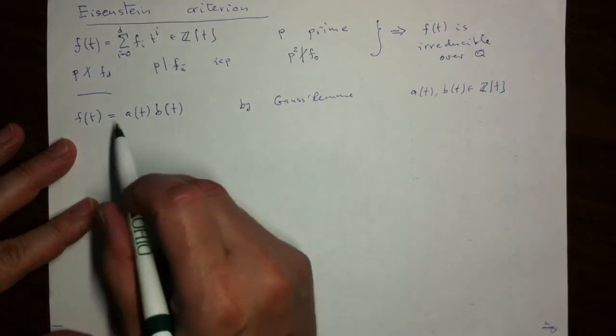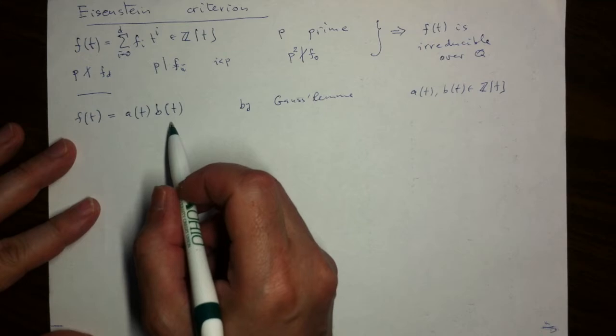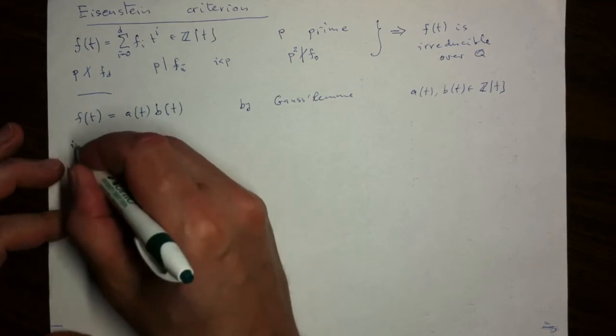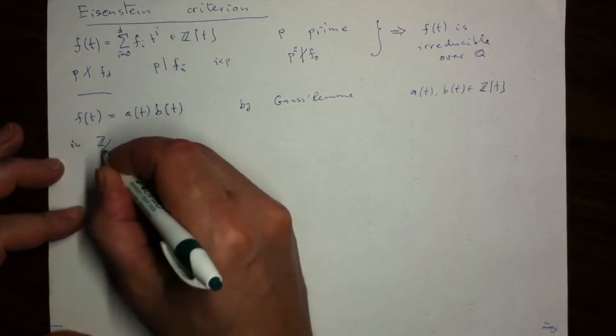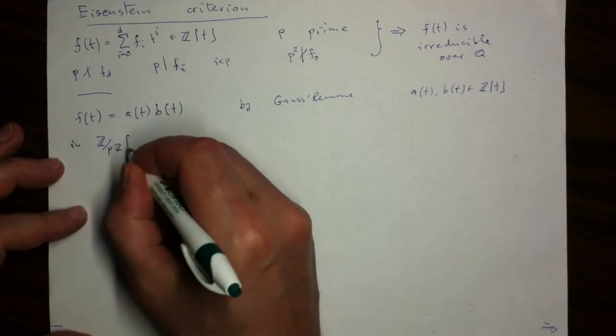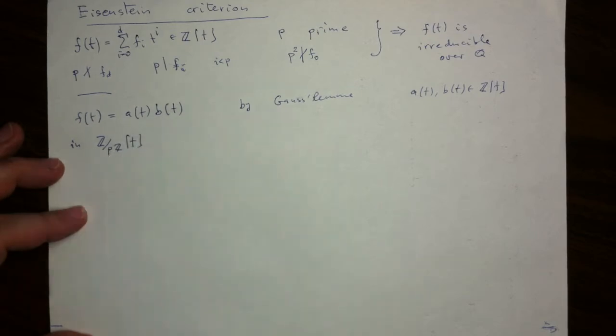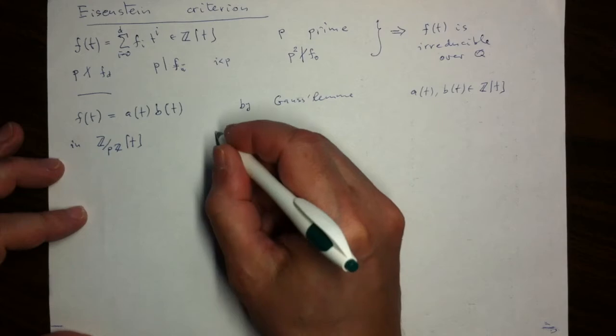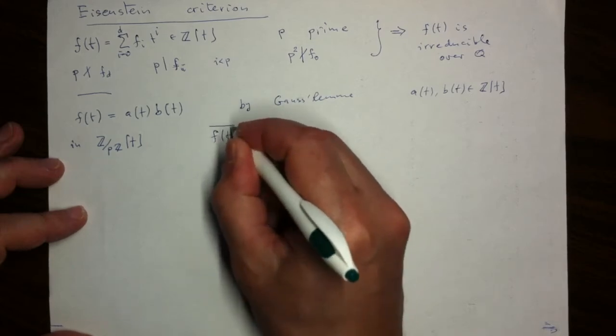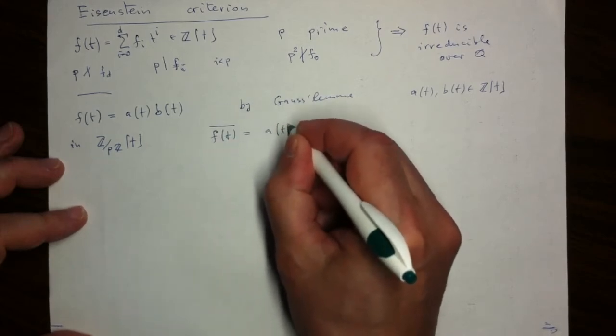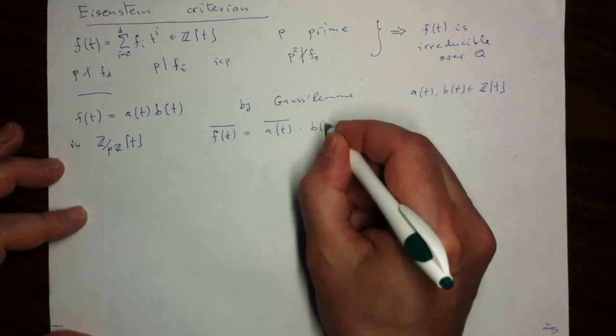And after that, let's take this equation and reduce mod p. So let's look at what happens with the reductions of these polynomials, which are polynomials with coefficients in the field of p elements. We have the reduction of f being equal to the reduction of a times the reduction of b.